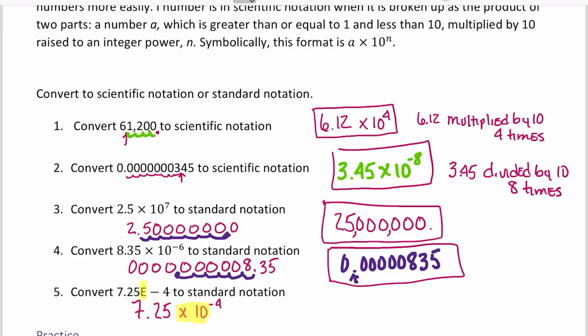So let's do that one. I'll put some zeros down. It's going to be a small number because I'm dividing by 10 four times: 1, 2, 3, 4. So I have 0.000725.